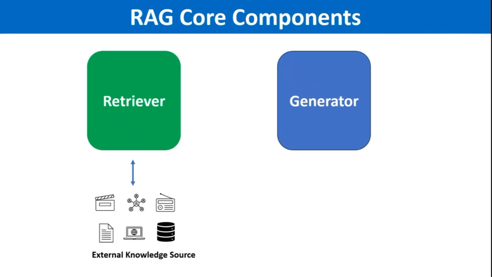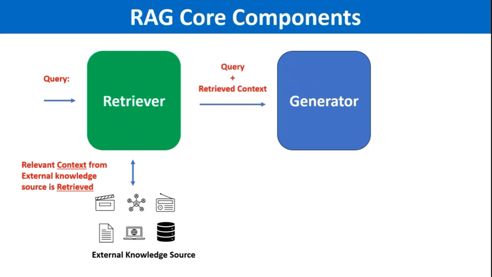The retriever has access to external knowledge sources like documents, databases, or any external API server. The retriever takes a user query and retrieves the relevant information from the external knowledge source. The retrieved context is then augmented and combined with the original query to create a context-augmented prompt.